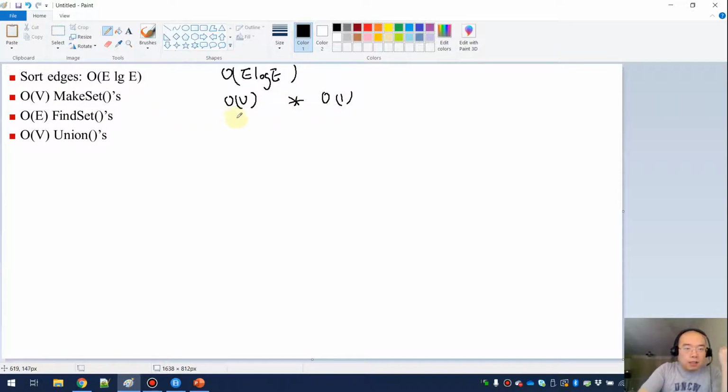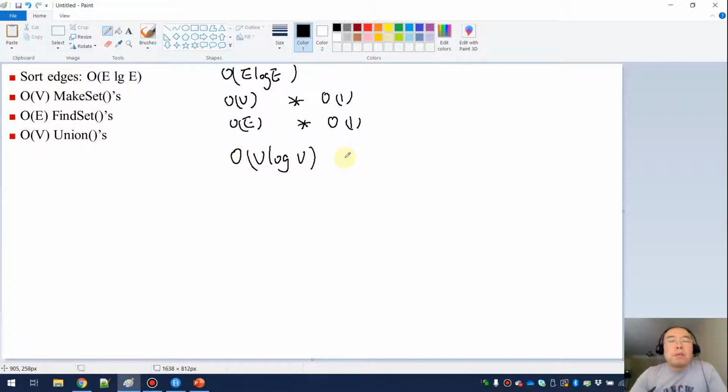The next one is O(E) multiplied by the time complexity of find set, which is another O(1). And finally, if we do a total of V unions, that will be O(V log V).